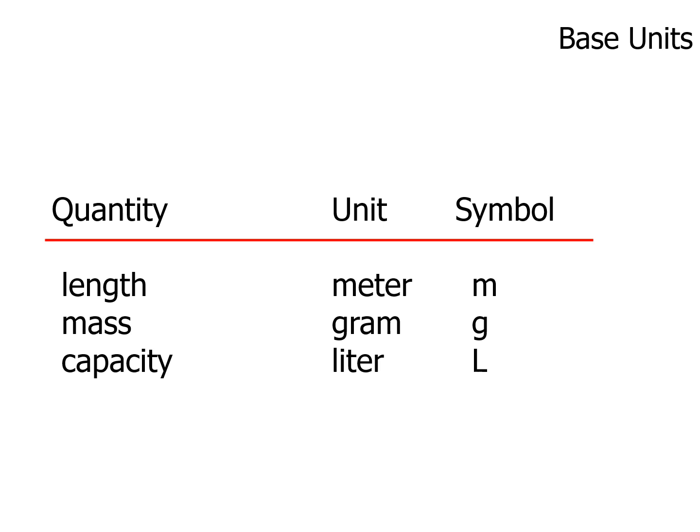So we have length: meters, the symbol is M. Mass, we use grams, symbol G. And capacity, we use liters, and that's symbol L. Now, personally, this is just me personally, I moved to Germany, Europe, for a few years.